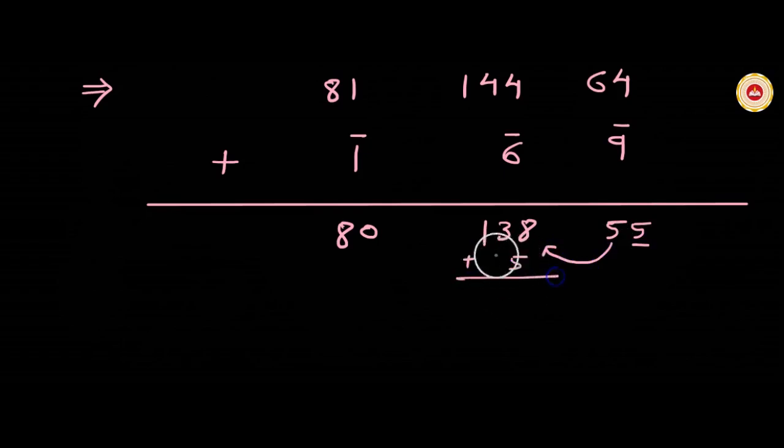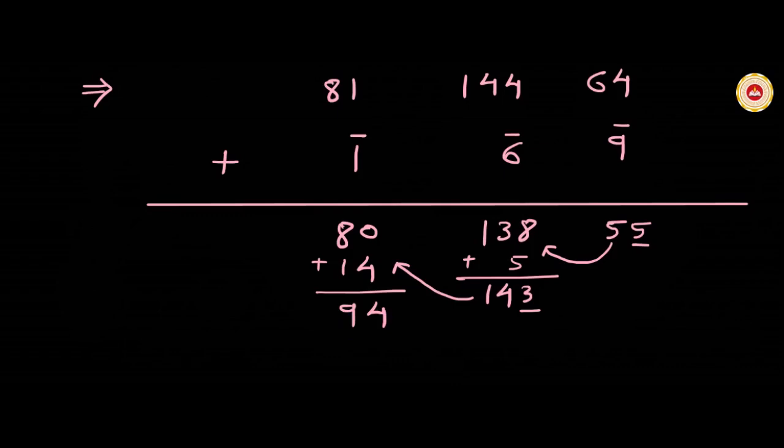So let us add 5 to 138. 138 plus 5, 143. Now come to the second part, this part only. Retain units place digit 3 and pass higher place digits 4 and 1. That means 14 to its immediate left. So pass 14 to 80. Passing means adding. Okay, 80 plus 14, 94.